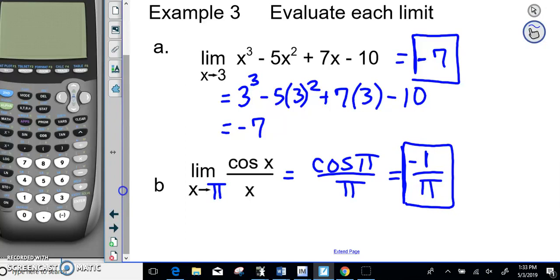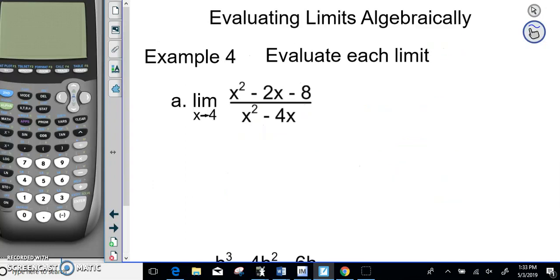But let's go to example 4, because this one has a little bit more work. With these two problems, we're going to evaluate them algebraically. Here we have these two limits.